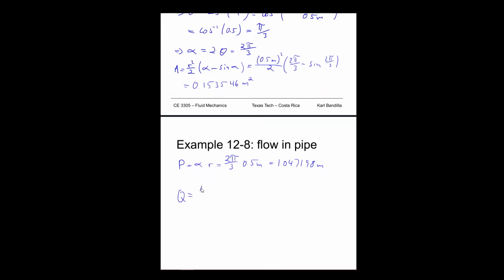With that we can get our Q. Q is equal to A to the 5/3 times the square root of the slope, divided by n, which is the only one without an exponent, and then P to the 2/3.